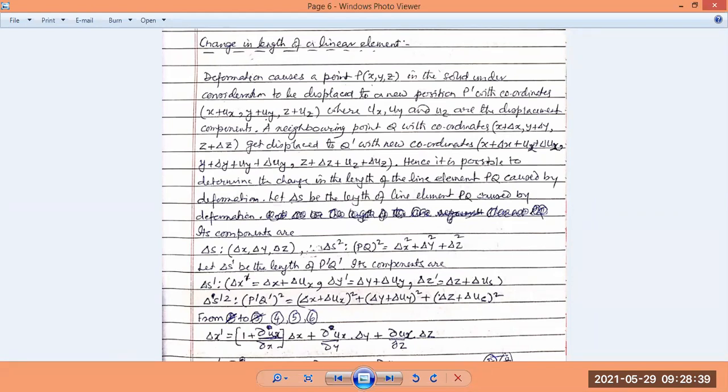So what we have is delta s dash square, which is P dash Q dash to the power 2.